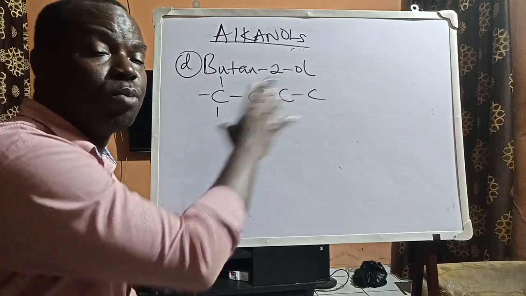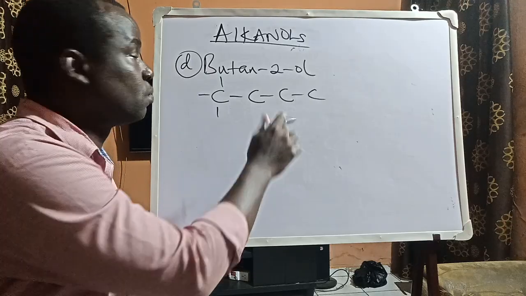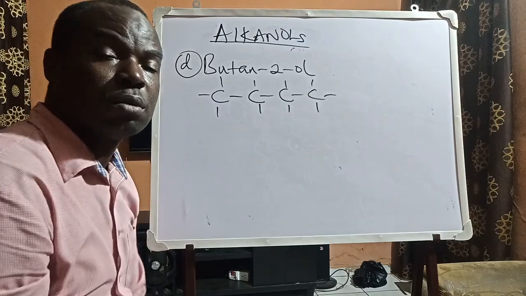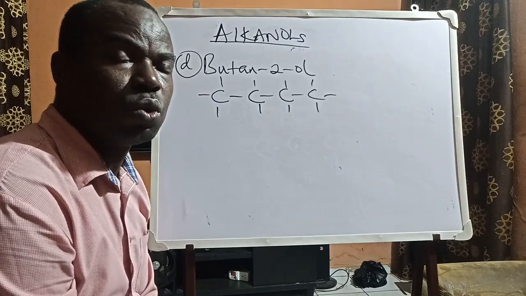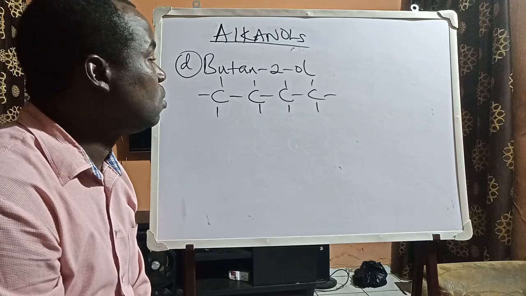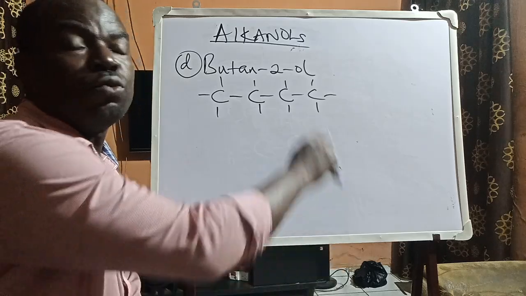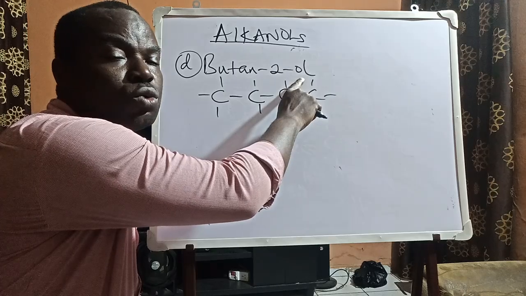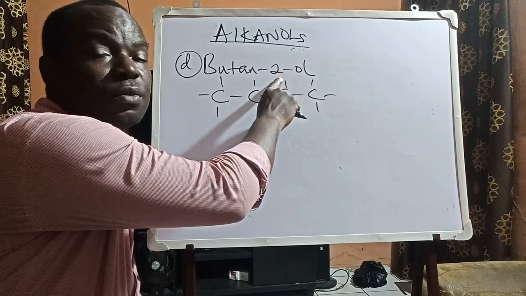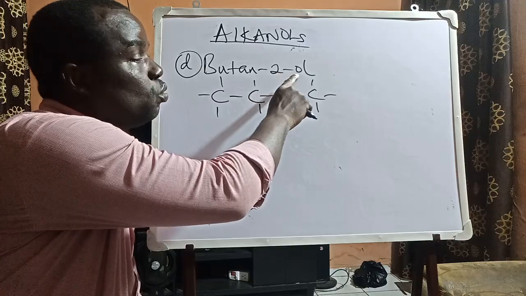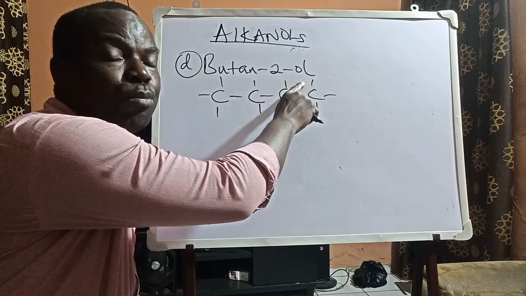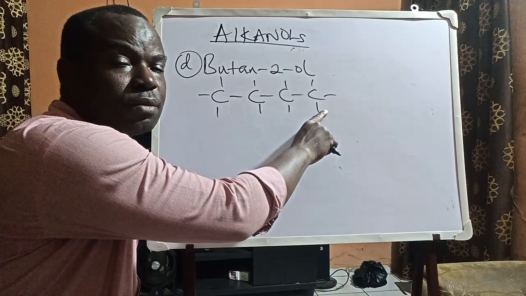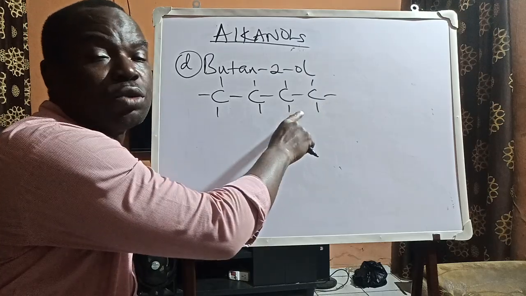So you fix your bonds the way I taught you in the first video. All right. So now the ol, which I told you is OH, belongs to carbon number 2. Okay. So you take the OH and put it on carbon number 2. You count from this side. That is carbon number 1, carbon number 2.